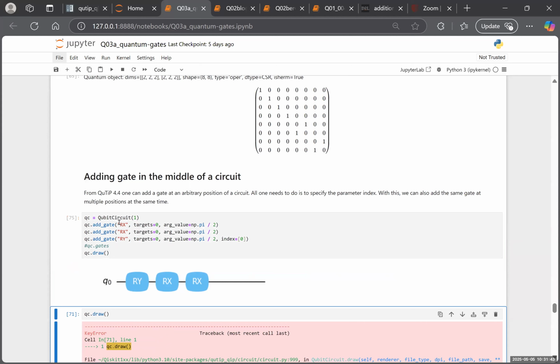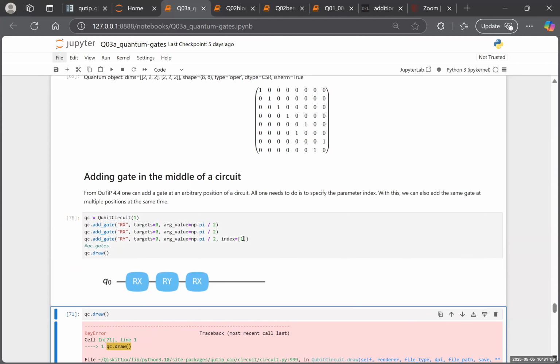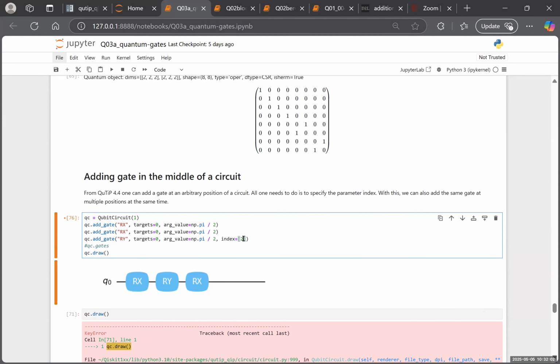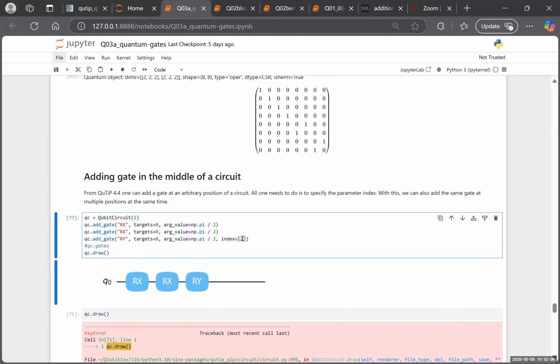This allows you to add Rx and then another Rx, but at the end you say, oh, actually I forgot, I want to add an RY, so I say index zero. What about index one? It will be in the middle. Index two, of course, would be n. Let's say index three, then it would tell you probably.